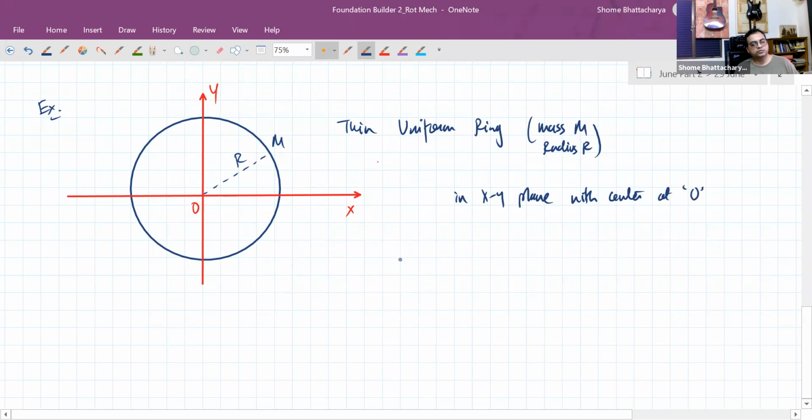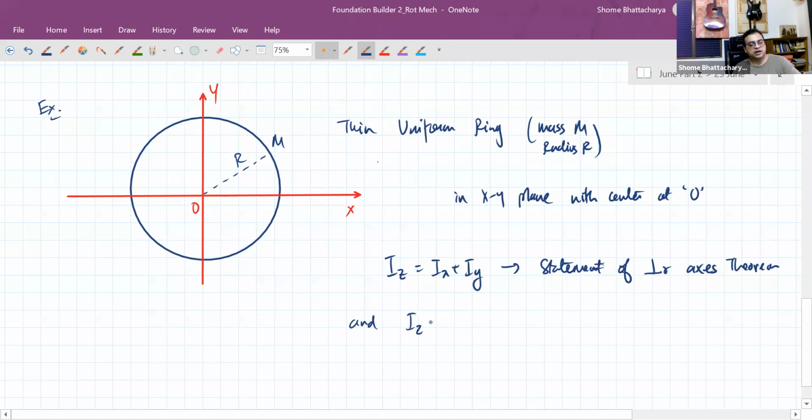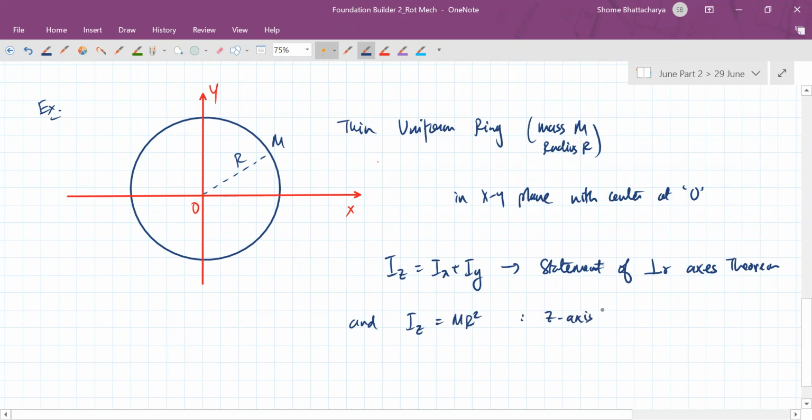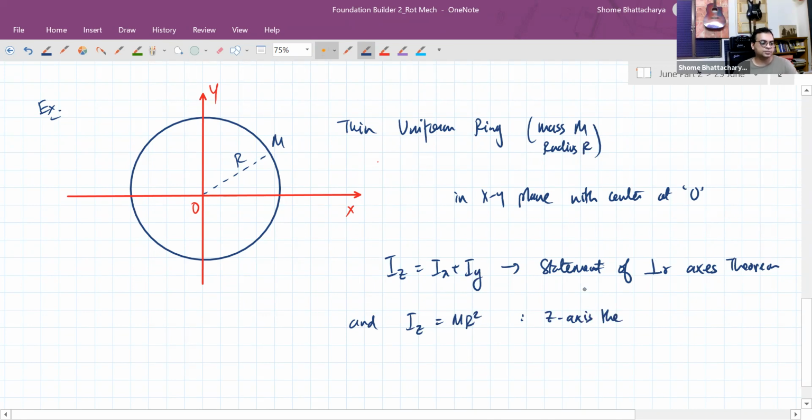Now, according to the perpendicular axis theorem, Iz should be equal to Ix plus Iy. This is the statement of the perpendicular axis theorem. And Iz will be equal to mr square. The laminar surface means in a 2D plane, so all the mass should be lying in a plane. That's happening in the case of a thin ring, right?